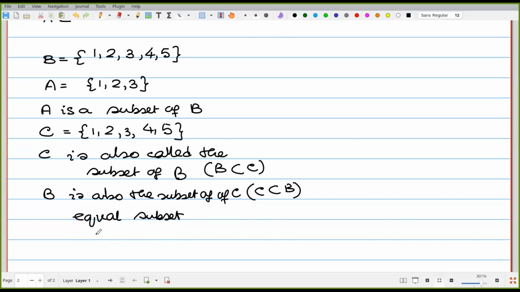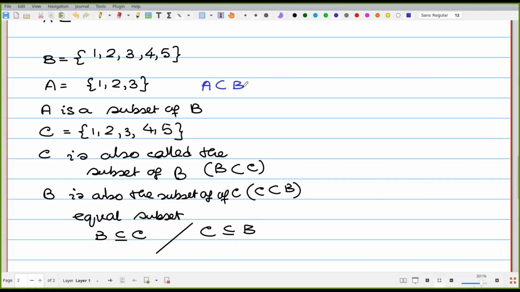Only for that we write B equal subset of C, or C equal subset of B. When it is the case of A, that is A is a subset of B, it is not an equal subset, because not all the elements of B are present in A.